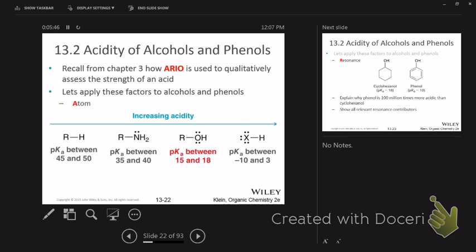Then come amines, and this is one that you see more often. NH2 becomes NH with a lone pair. It actually has a lone pair on it already, so it really has two lone pairs. This is a negative charge.